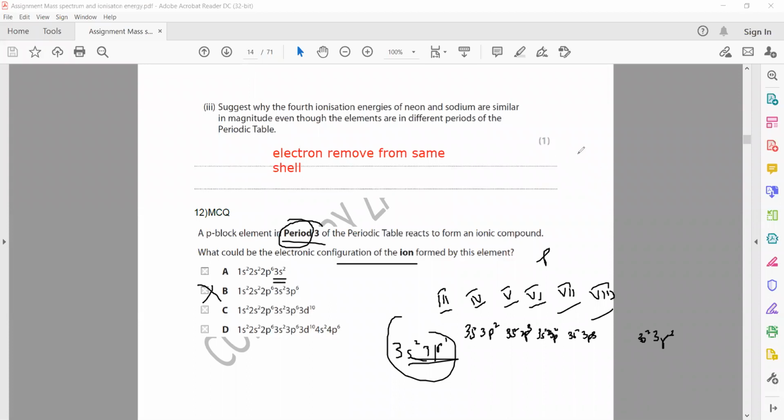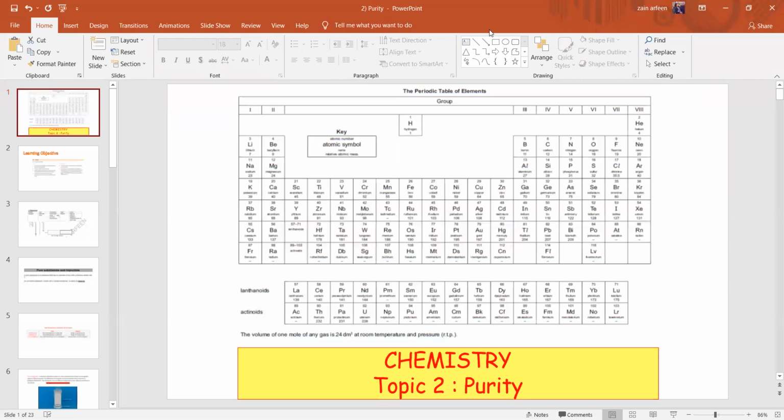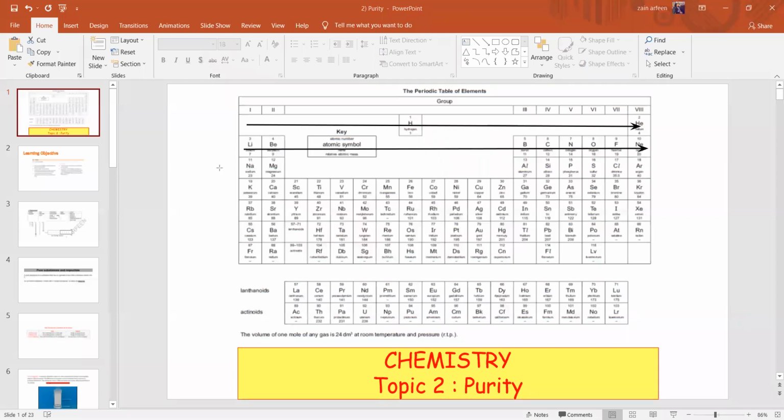So this is the periodic table: the first period, the second period, and the third period started with sodium.